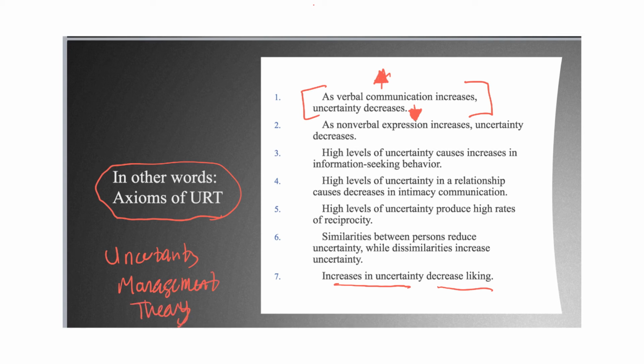It says there's actually a level of uncertainty that we like to have. Uncertainty reduction theory says uncertainty should be decreased at all times. Uncertainty management says that uncertainty is sometimes good, managed, not necessarily decreased.